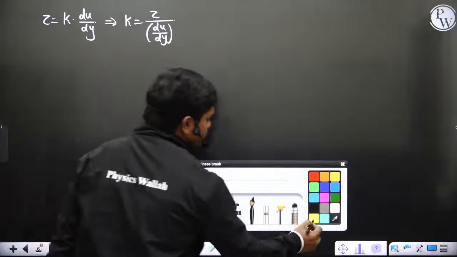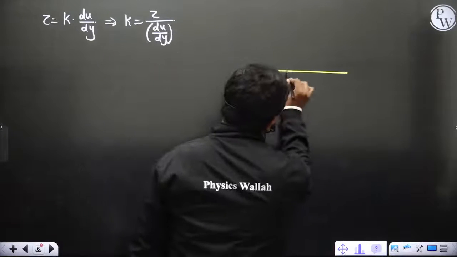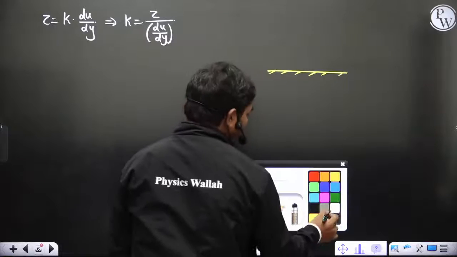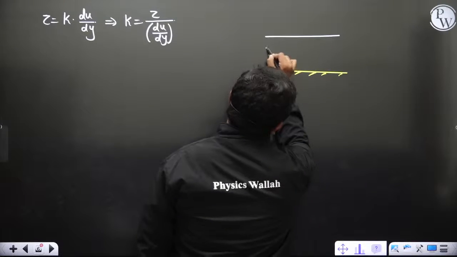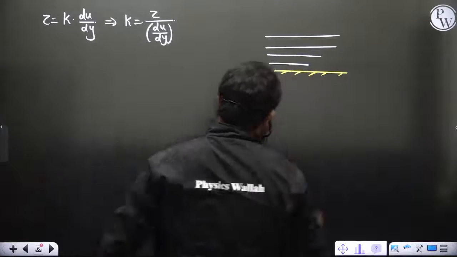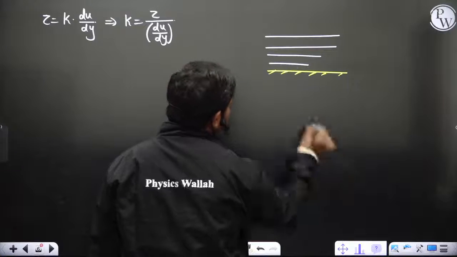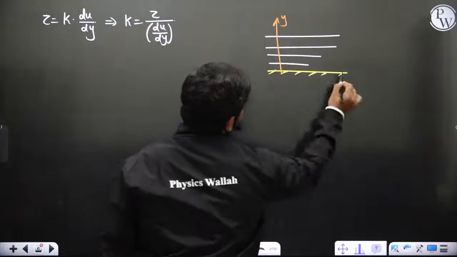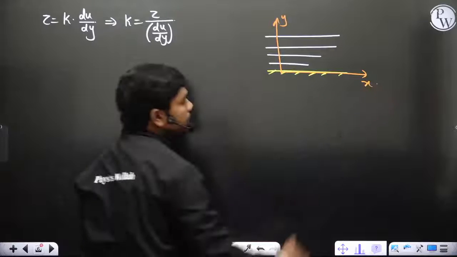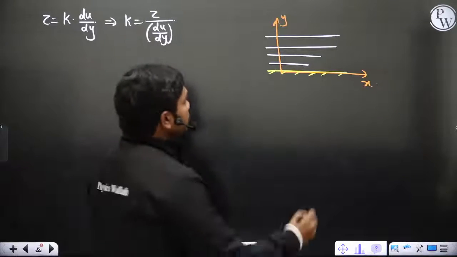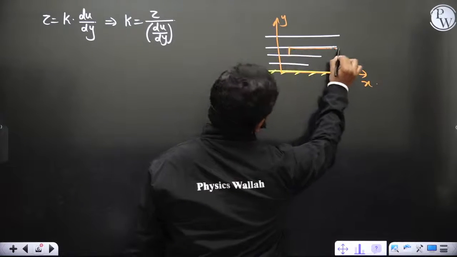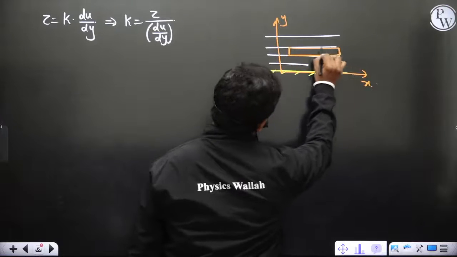So see here, if you have this flat plate, for example, now I want you to understand something. See, this is y and this is x, okay? Now let us suppose I take this block of fluid, and this is some small dy.